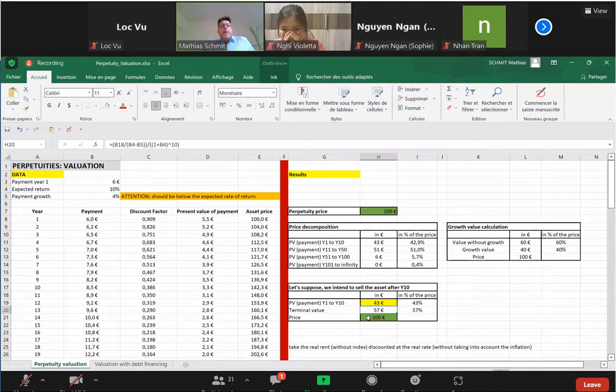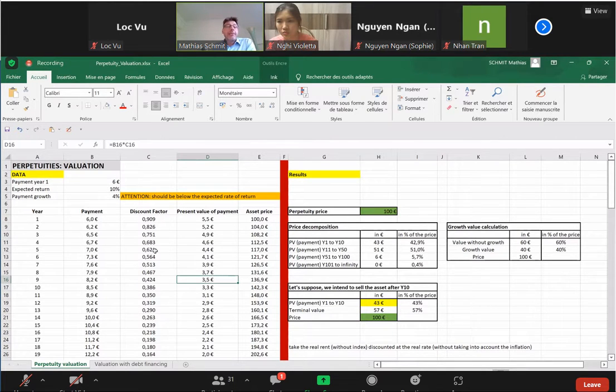So in fact, this is an illustration to show you how growth perpetuities or perpetuities are used in real life. Typically, this is the way we can value a share, or we can also value, for instance, real estate.